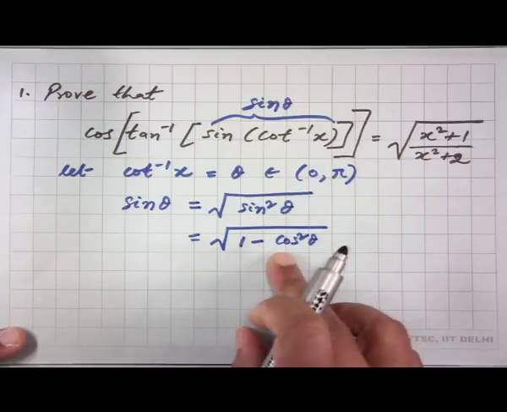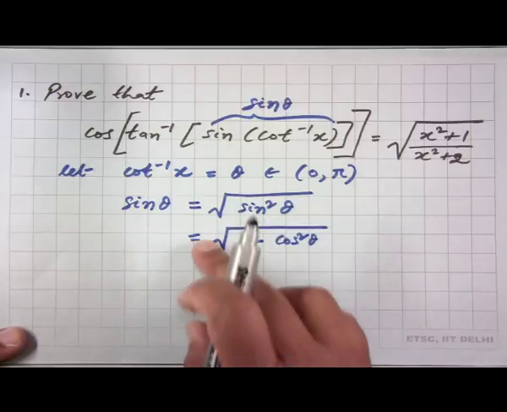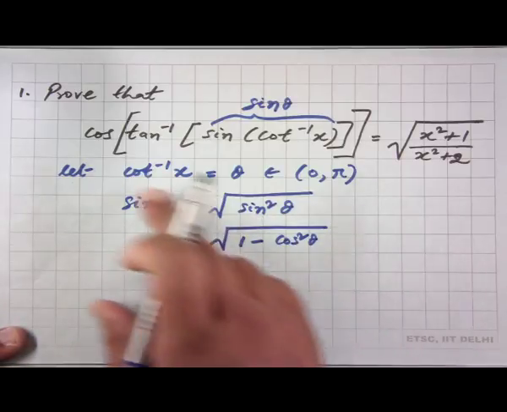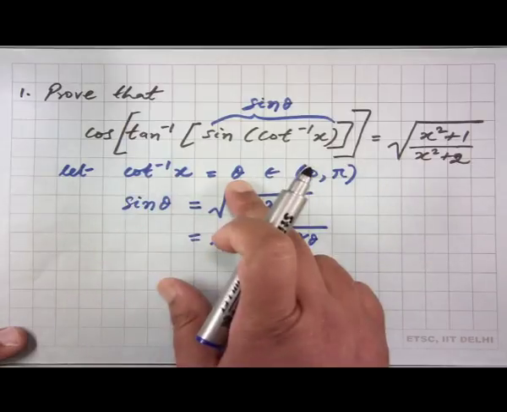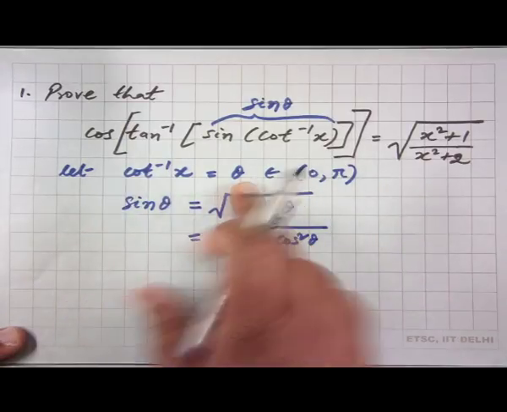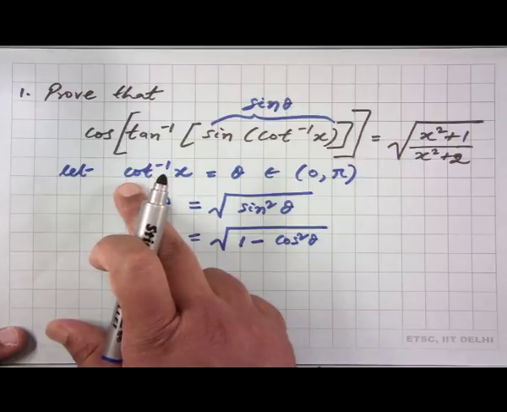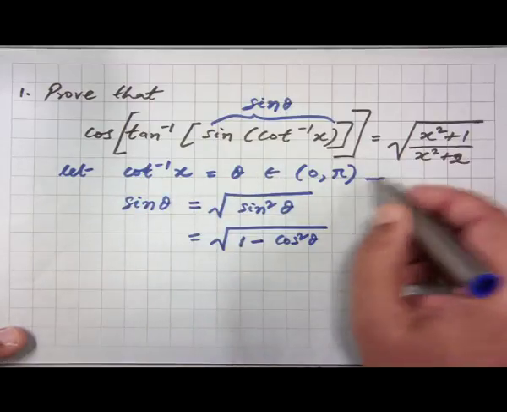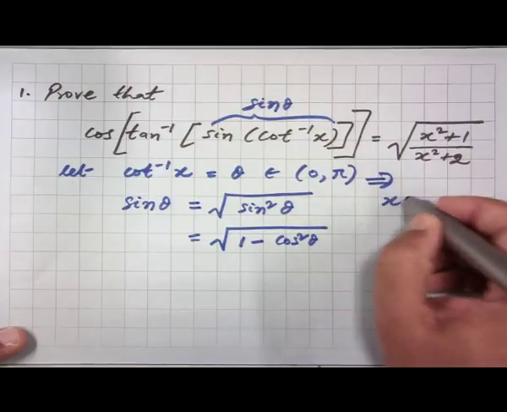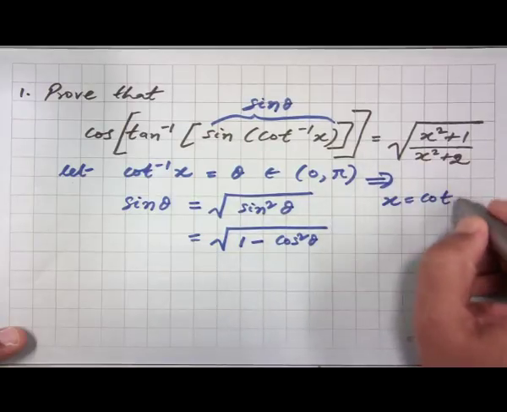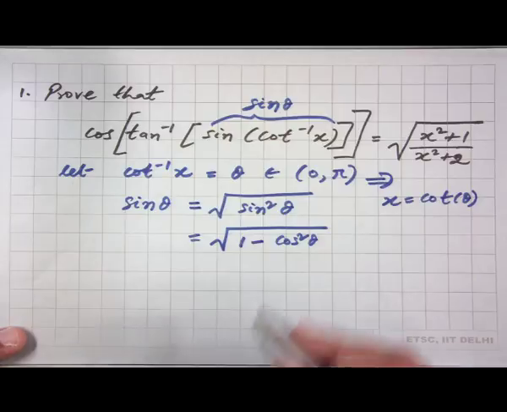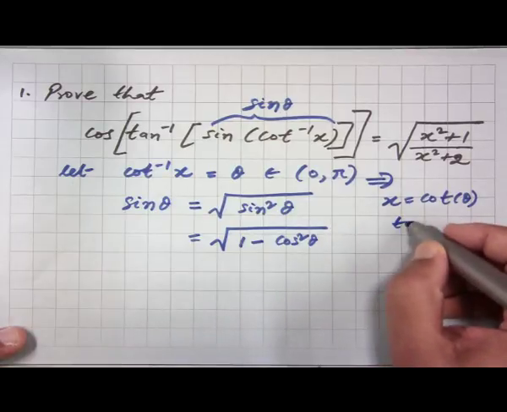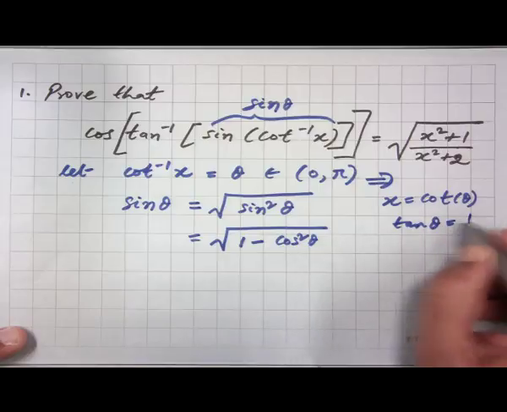Now, we need to express this right hand side in terms of x, and therefore, we will use this relation here. So, from this relation, if we apply the cot function on both the sides, what we get is that x equals cot of theta, and this then implies that tan theta is 1 over x.